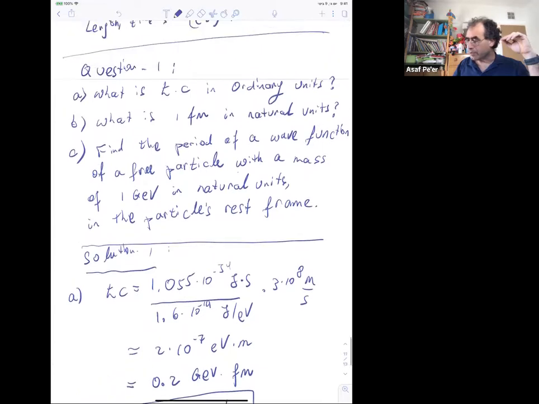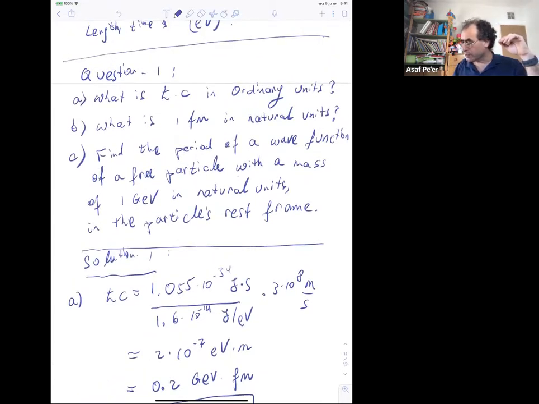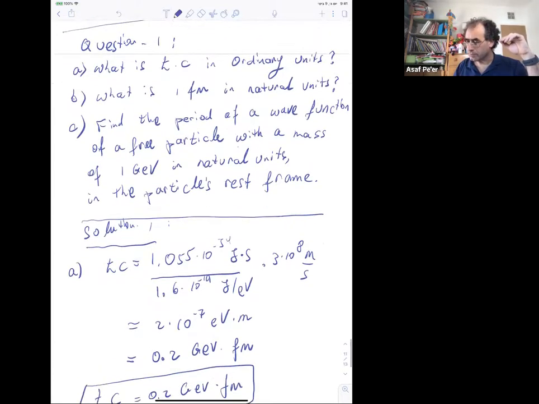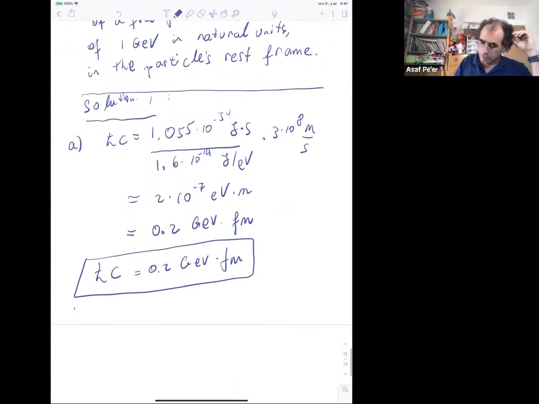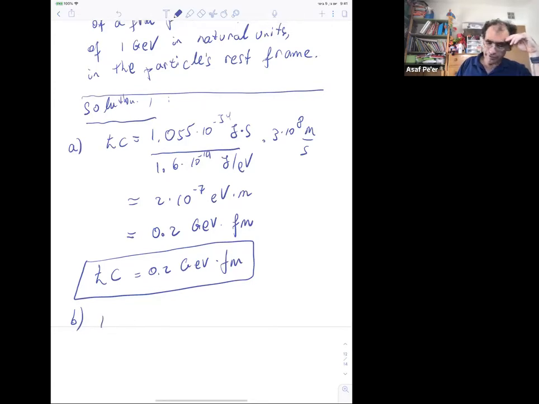Okay, part B. What is 1 femtometer in natural units? Natural units for length are inverse energy. We already see that H bar C is 0.2 GeV times femtometer, so 1 femtometer is just H bar C divided by 0.2 GeV.